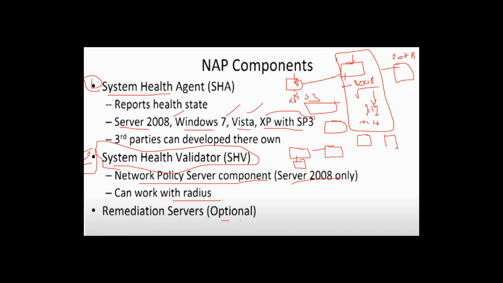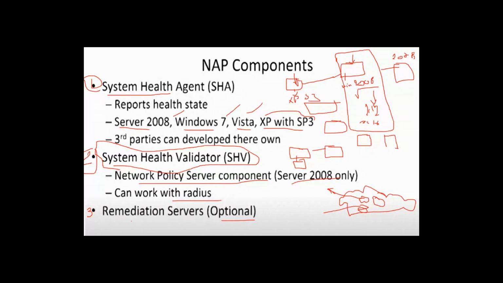The third one, which is optional, is the remediation server. The remediation server means a temporary network here, and this network is only used after the health check to get updates or to perform some kinds of administration work in order to guarantee that all the policy will be examined later and pass the health check, right?